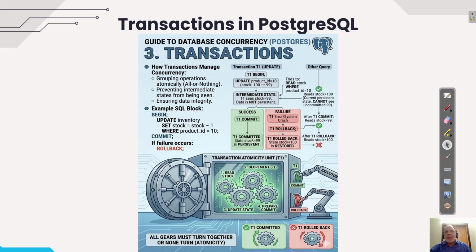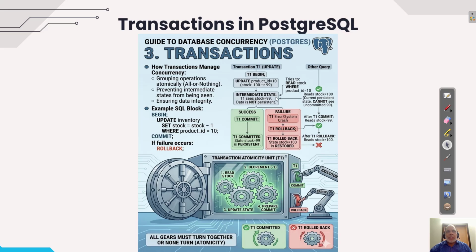If there is a failure in transaction 1 and T1 is rolled back, the stock state is restored to 100, and other transactions like T2 will get the stock value of 100.